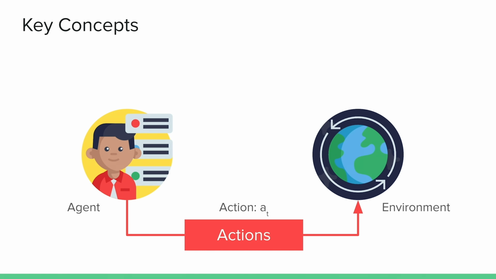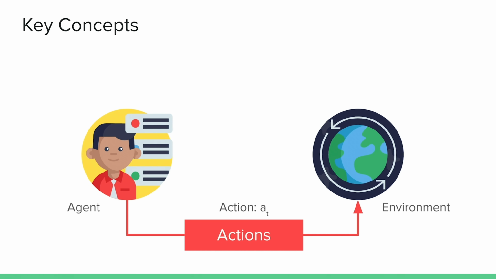You can take actions. And the action has a certain time step. Your action happens at a particular moment in time. So we would say it's the action A_t, at the time step t.